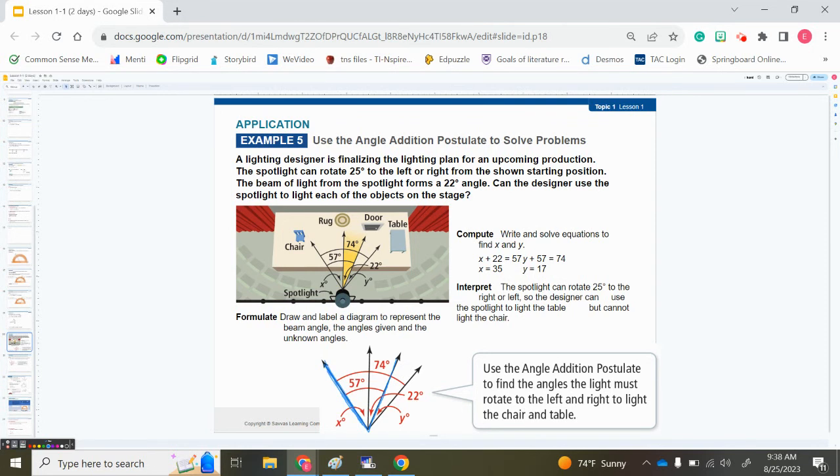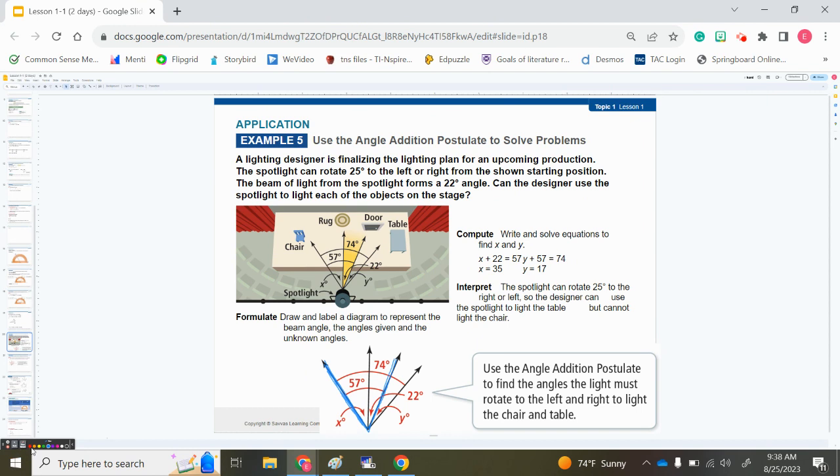Now, why am I highlighting this? Because I have what this angle totals to, and I have the smaller part. This is the part I don't know, but I have this entire large angle. And this is the ray that is breaking up that angle.